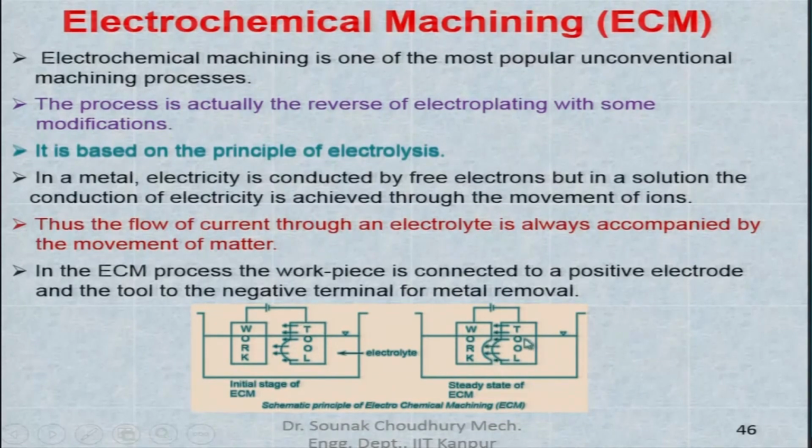The machining starts when voltage is passed through the work and the tool through the electrolyte. Both workpiece and tool are dipped in the electrolyte, and machining starts when the standoff distance between the tool and the workpiece is certain.